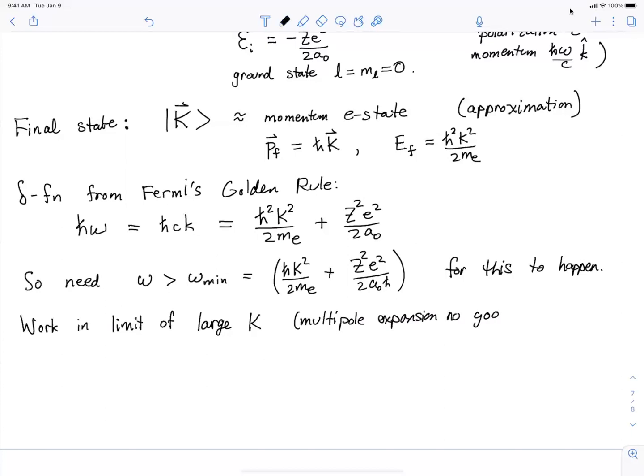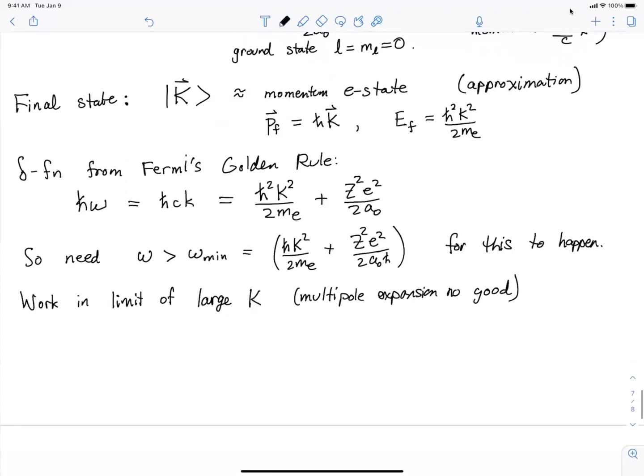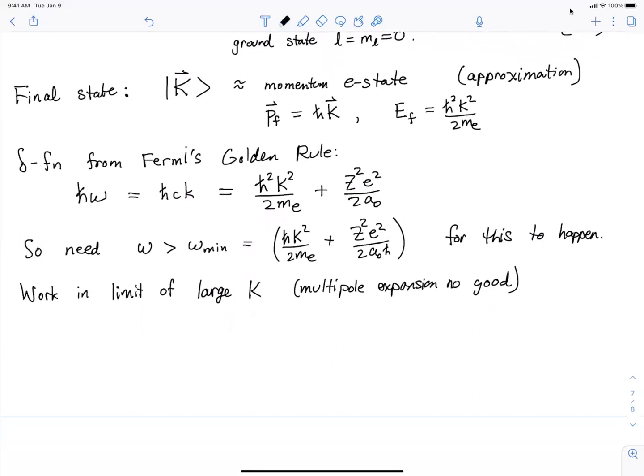So we can't really classify this process that we're dealing with as electric dipole or magnetic dipole or anything like that, because it's involving really a linear combination of all of them. We've badly violated the multipole expansion.